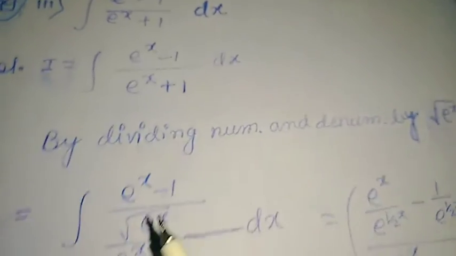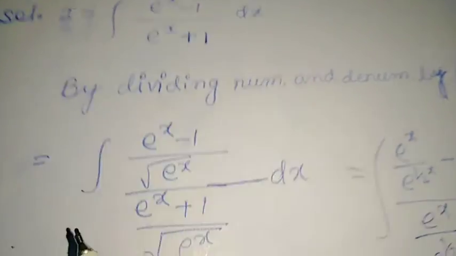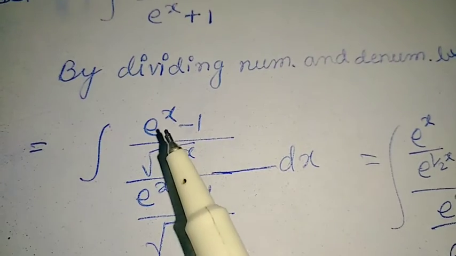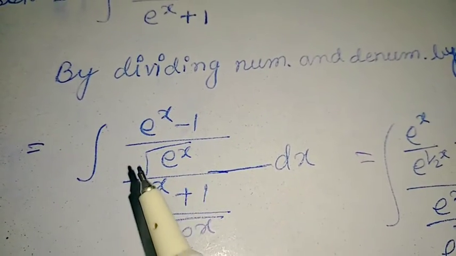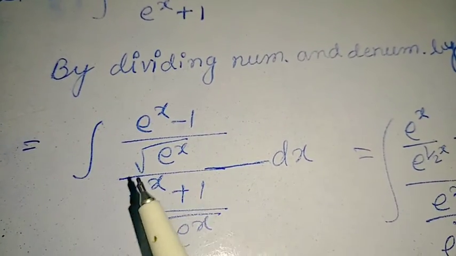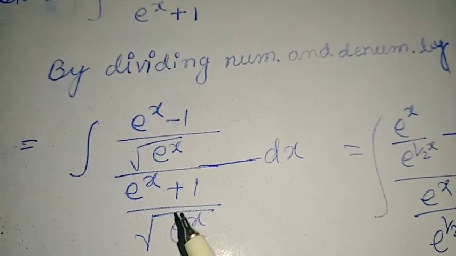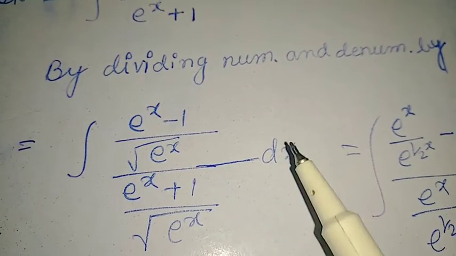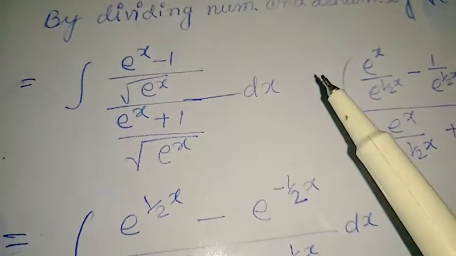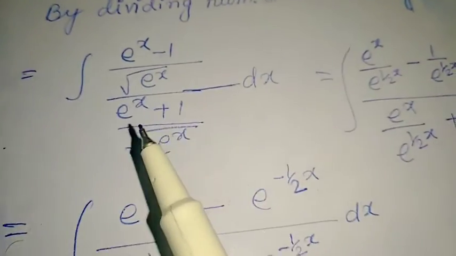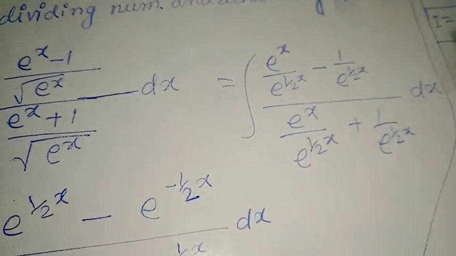So you can see in the next step we have written integration of e to the power x minus 1 upon square root of e to the power x upon e to the power x plus 1 upon square root of e to the power x into dx. So you can see we will write this like this.